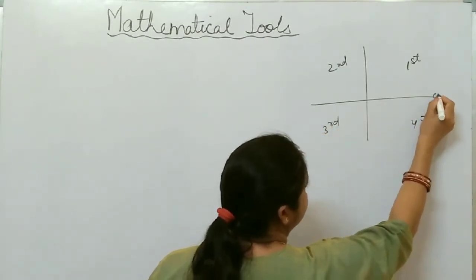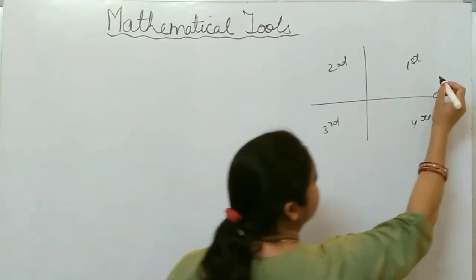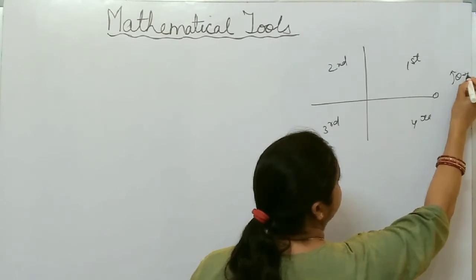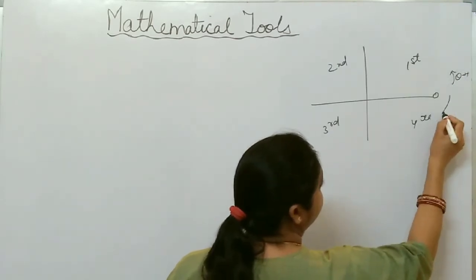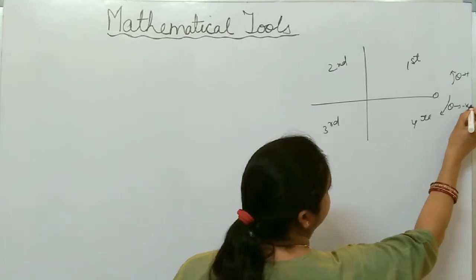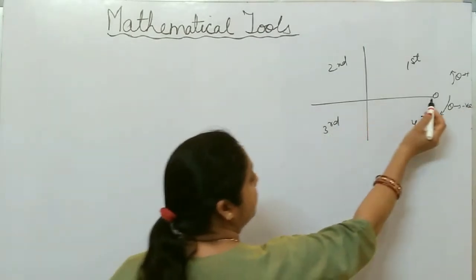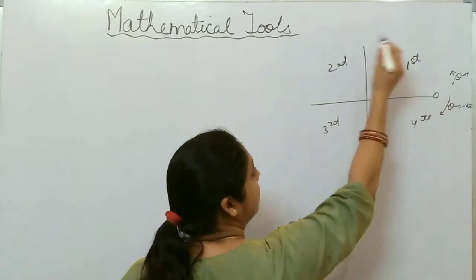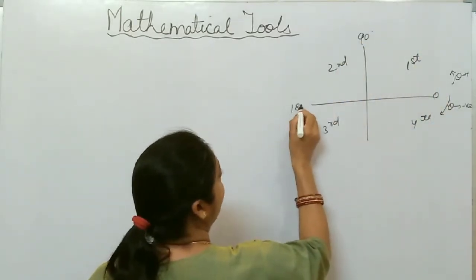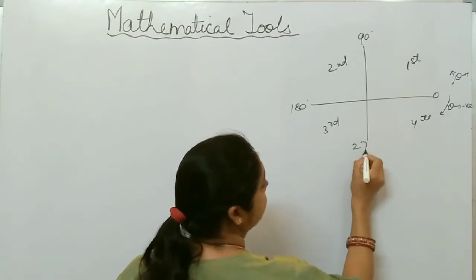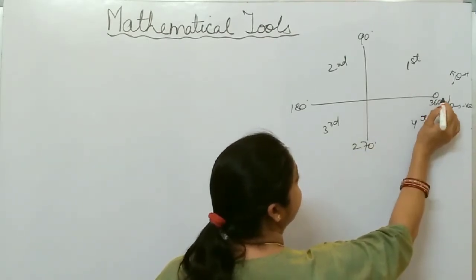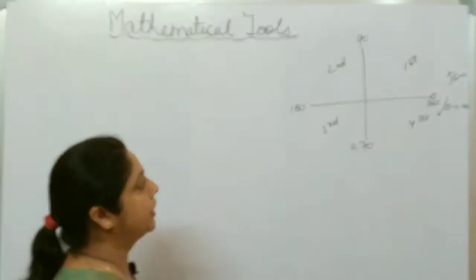Here angle 0 starts, and when we move in anti-clockwise direction, you always take the angle as positive, and when you move in clockwise direction, we always take the angle as negative, right? So starting from this 0 degree angle up to this 90, then this one 180 degree, and then this one 270 degree, again coming back to its original position, 360 degree. You know all these things, okay?